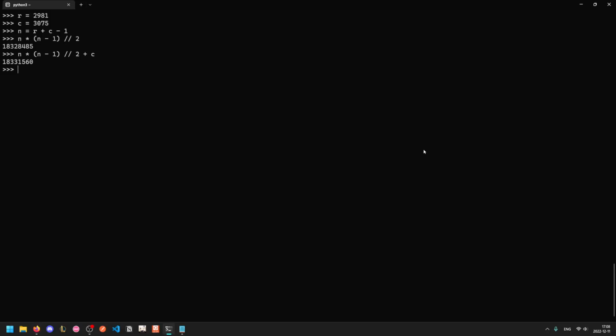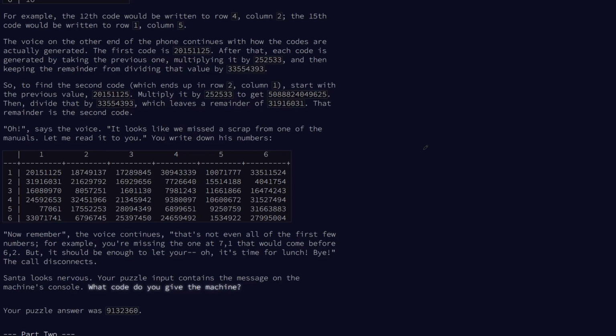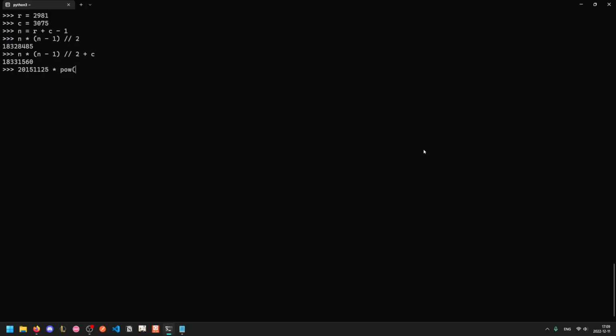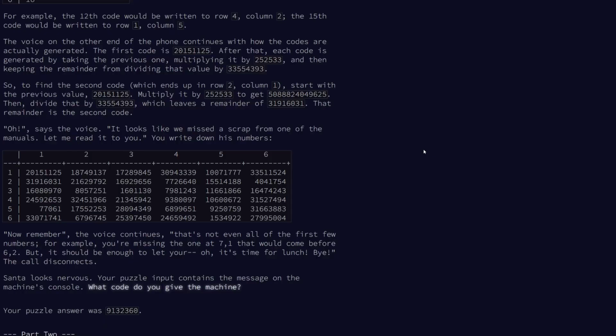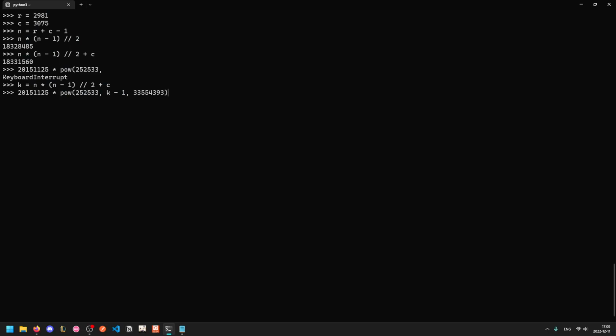In other words, it is 20151125 times the pow operator on the base, which is 252533, to the power of our above value, let's call it k, 20151125 times pow 252533 to the power of k minus 1 modulo 33554393.